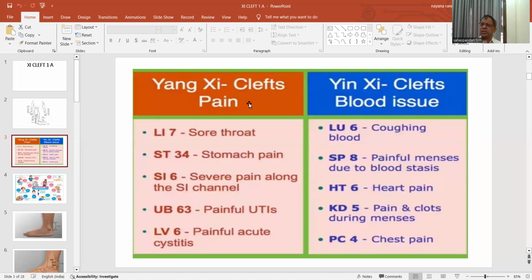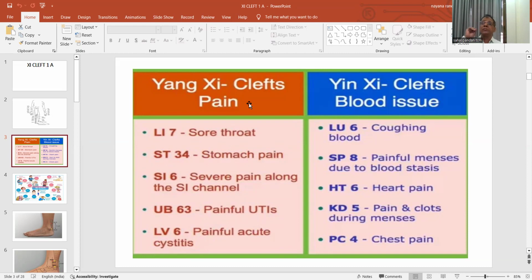LI1 is for sore throat: if there is any inflammation or soreness in the throat, prick LI1. ST34 is for stomach pain: if there is intense, acute stomach pain.